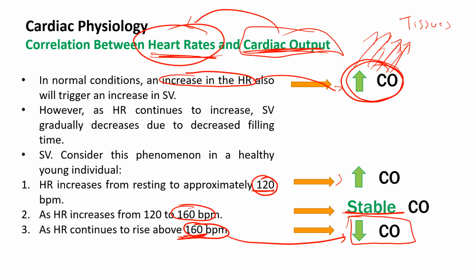But if your heart is beating too fast, you're not allowing the heart enough time to fill the chambers with blood, and that's why your heart is not pumping enough blood. That translates to a decrease in cardiac output. So there is a point at which, if your heart rate is too high, the cardiac output will decline because diastole is too short and there's not enough time to let the ventricles fill with blood.